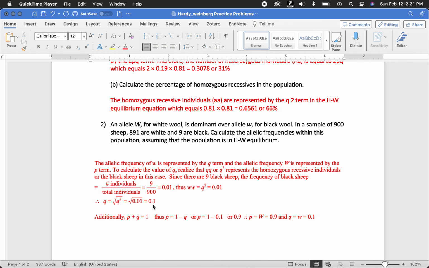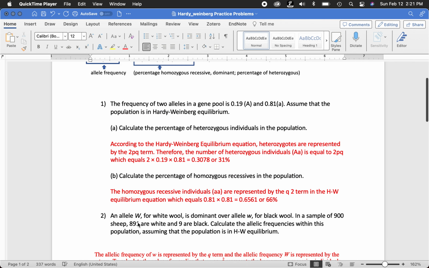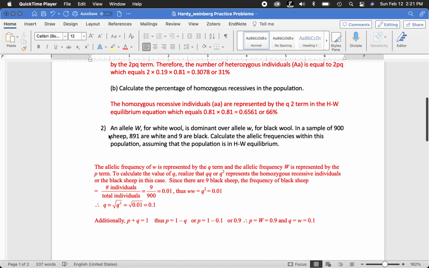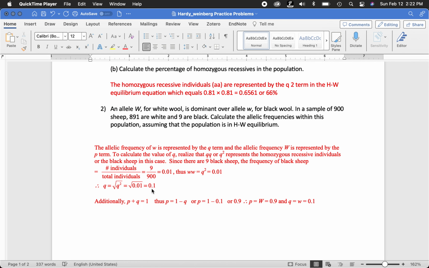Since we know the allelic frequency of the recessive allele now, we just have to plug this number into our first equation, because this is the allele frequency equation. So we just found Q, and do your subtraction, 1 minus 0.1, and that will give you the value for P, which is 0.9, right?